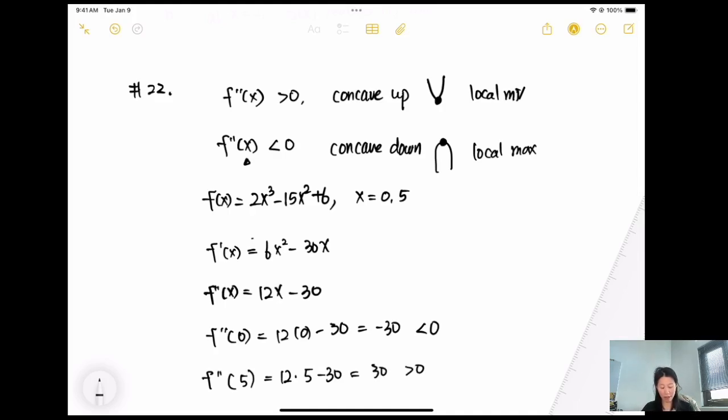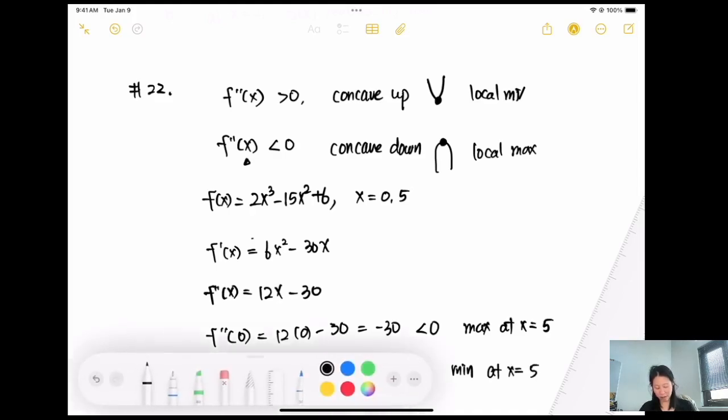So less than 0 is concave down. We have our maximum at x equals 0, and then we also have our minimum at x equals 5. Sorry.